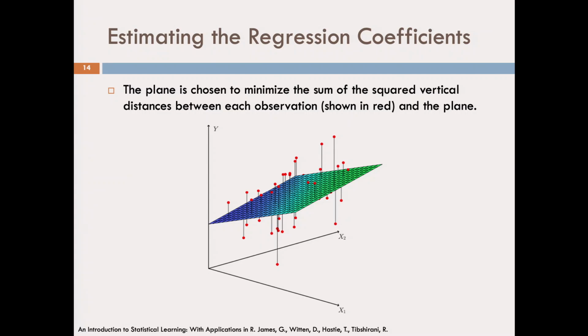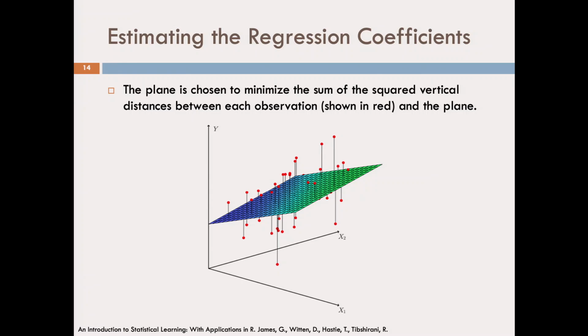The least squares will minimize the distance between the desired points and the plane that estimates these points. But we can have more than one variable here, xp variables. Then we are going to have a given hyperplane that fits the points.